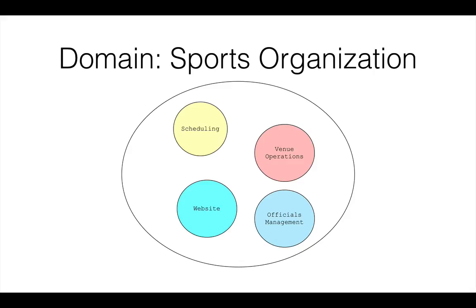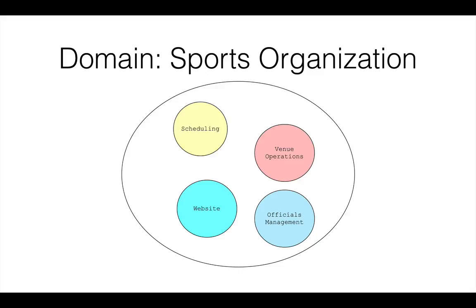In a sports organization, we have probably dozens of these circles. I'm just showing 4, but there are really many of those subdomains. And if you consider a sports organization, everything revolves around the schedule. Whatever happens inside a sports organization usually has something to do with the season and how games are played, on what dates and in what locations and so on.